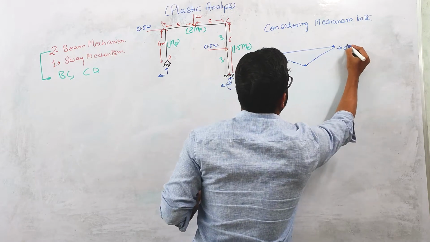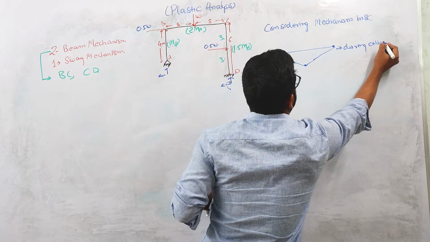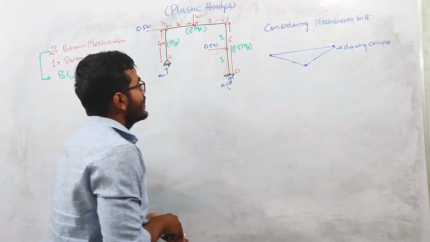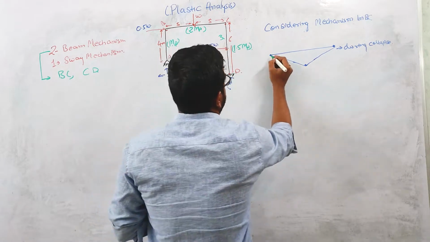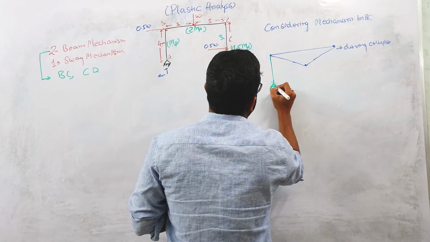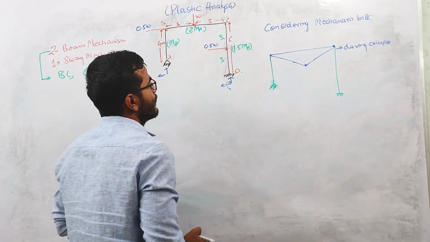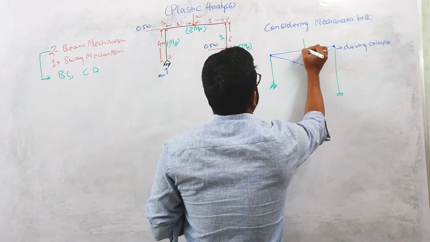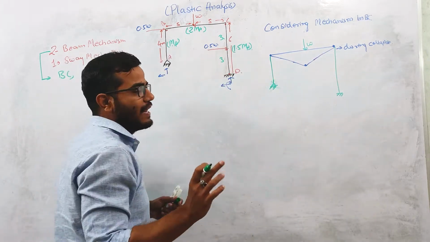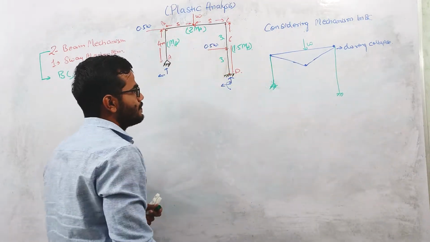The rotation in the remaining frame will look like this. Here the W load is acting. In the beam mechanism of member BC, this load is of no use, right?